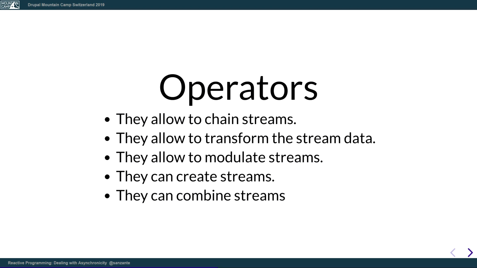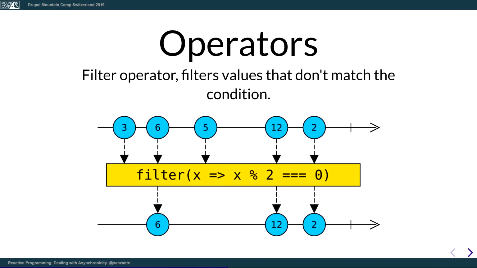Then we have the operators. The operators are the second fundamental part of reactive programming. They allow the data to be transformed in more or less complex ways, but also they allow you to control the flow of the data. For example, they can prevent data from passing if the data doesn't match certain criteria.